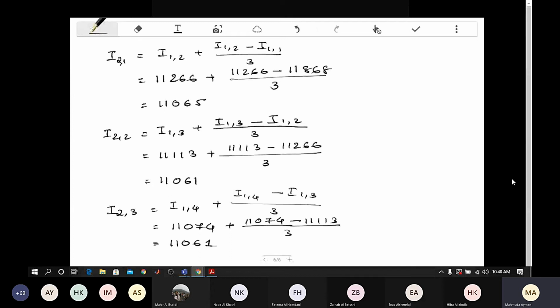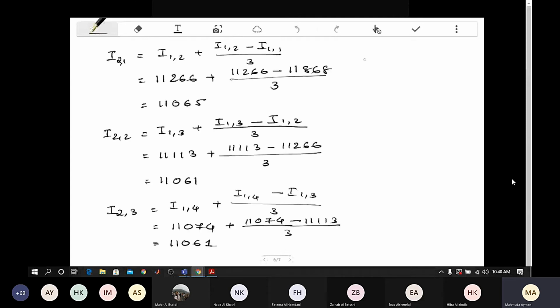The new thing that we'll solve is the second order extrapolation. All we have done up till now is the first order extrapolation.